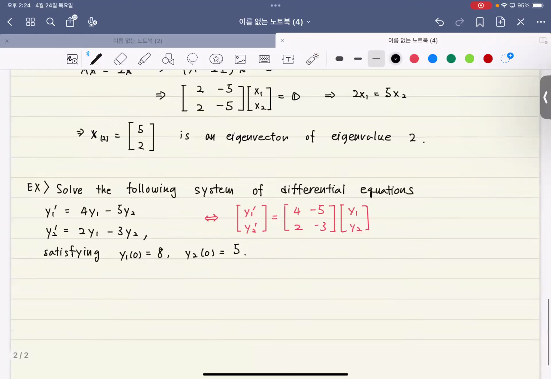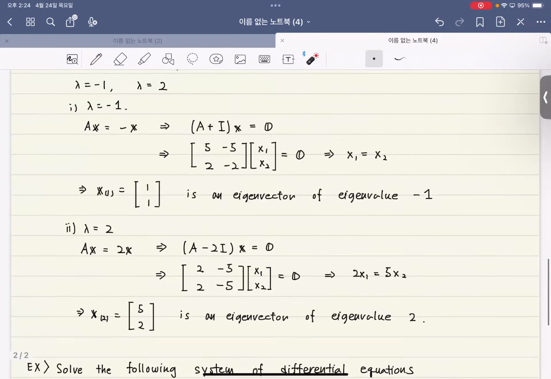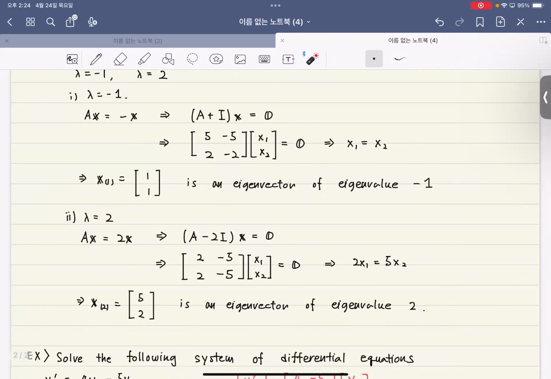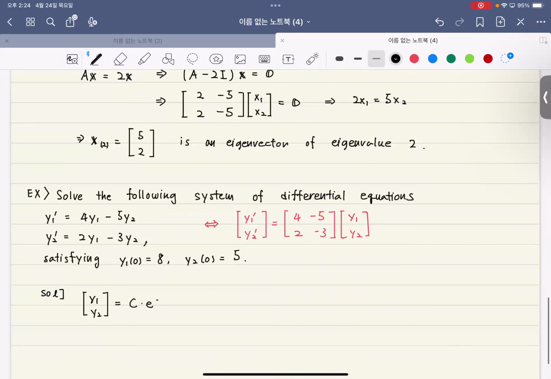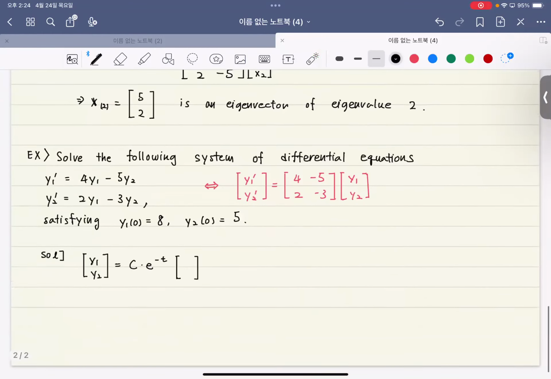So y1 and y2 is some constant times e to the negative t, since the first eigenvalue was minus 1, times its eigenvector 1 and 1.